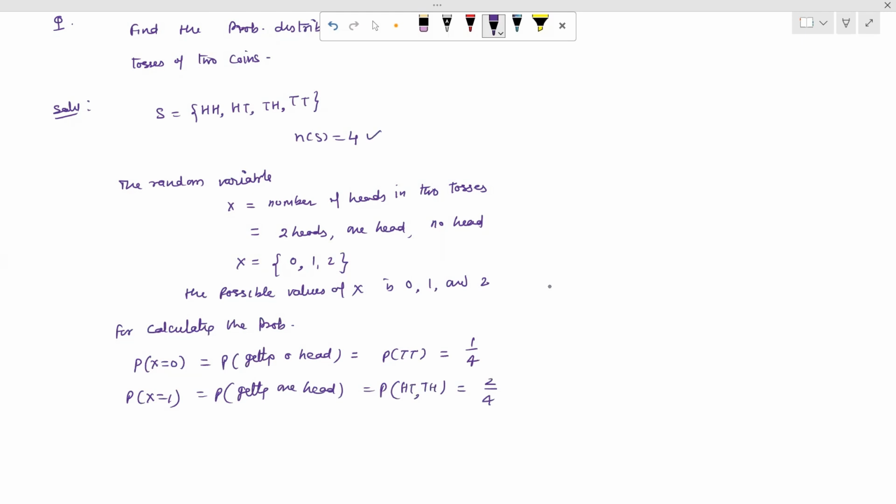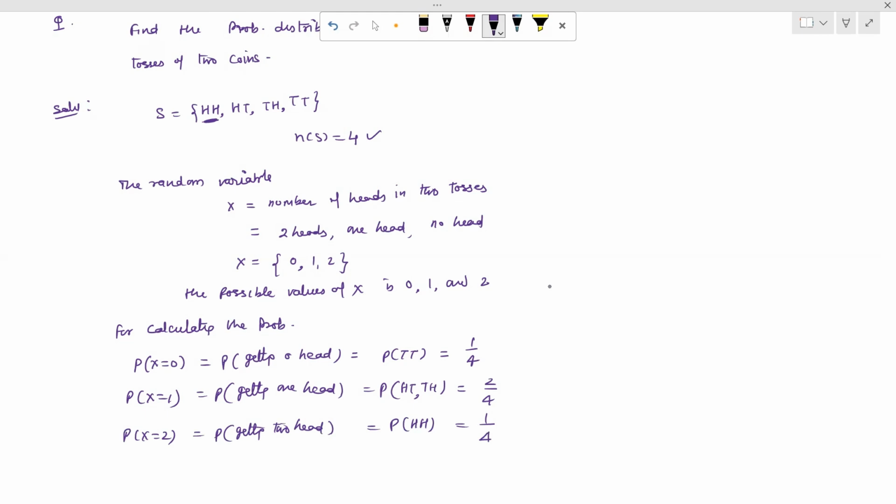So it is 2 upon 4. Now the probability of X equal to 2 means getting two heads. Getting two heads means both are head, only a single element. So this has the probability 1 by 4.